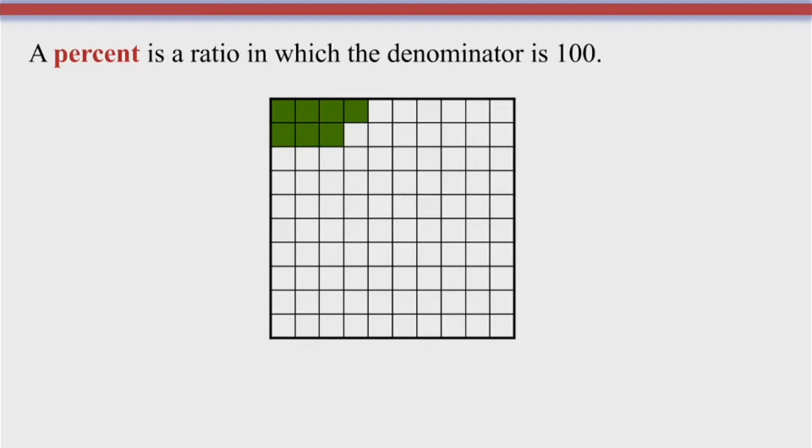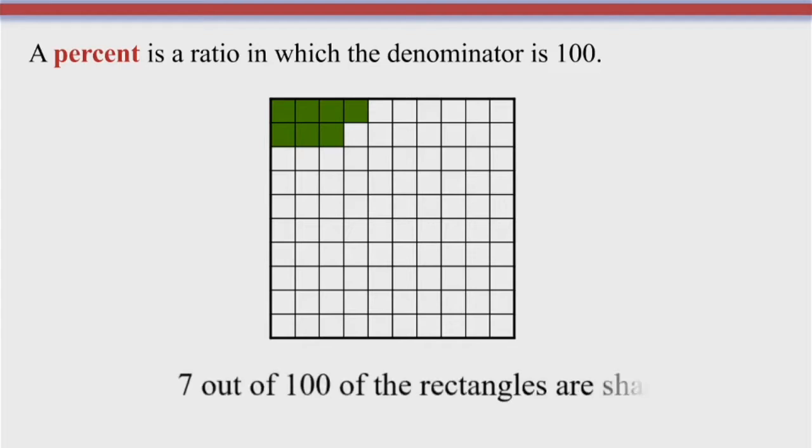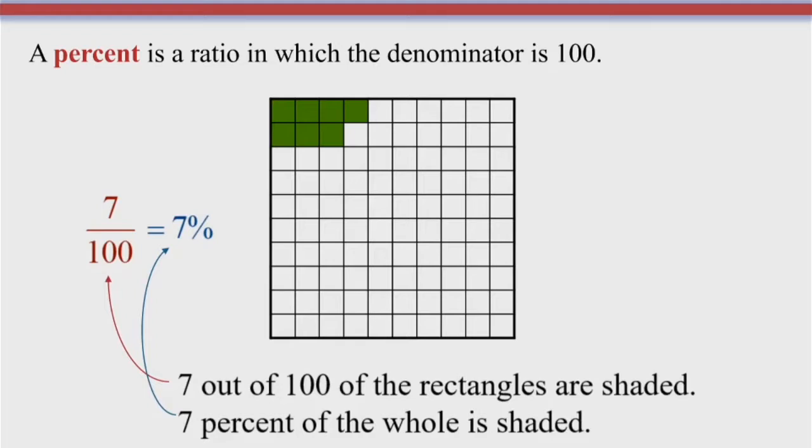So if we have 100 boxes here and we have exactly 7 of them, we're talking about 7 100ths. And if we were to write that as a percent, we would say it is 7%. So when we're talking about percents, we're talking about the ratio of what we're talking about to 100.